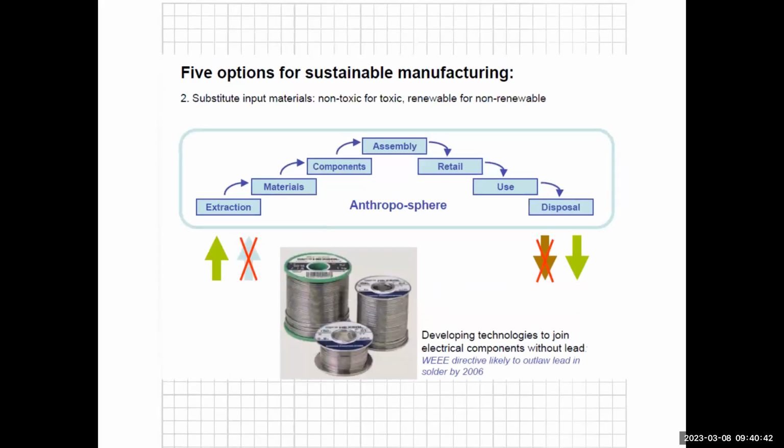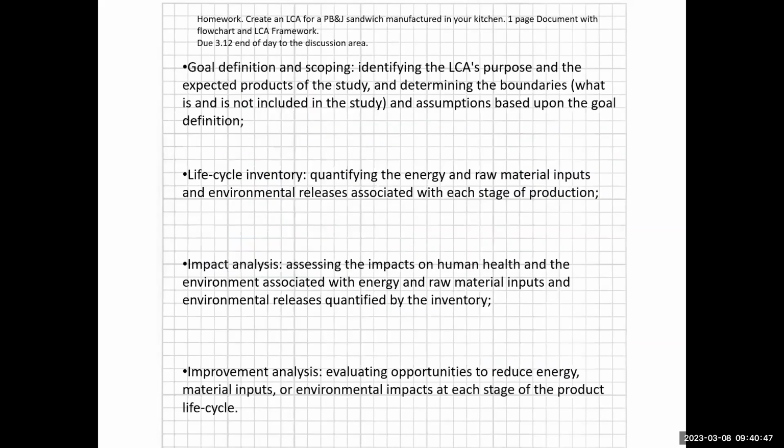All right. I'm going to zip through this and get to your assignment, which is here at the top. You're going to create an LCA for a peanut butter and jelly sandwich. I guess if you're allergic to peanuts, you can substitute in something other than peanut butter. So you're going to make a peanut butter and jelly sandwich.